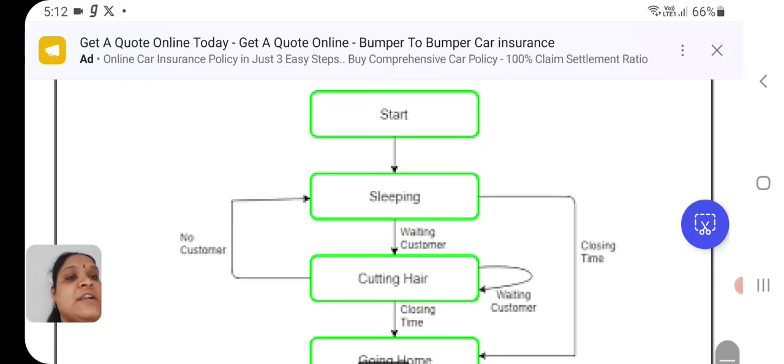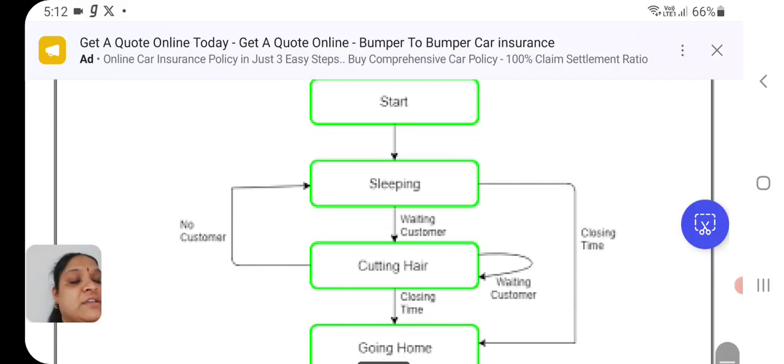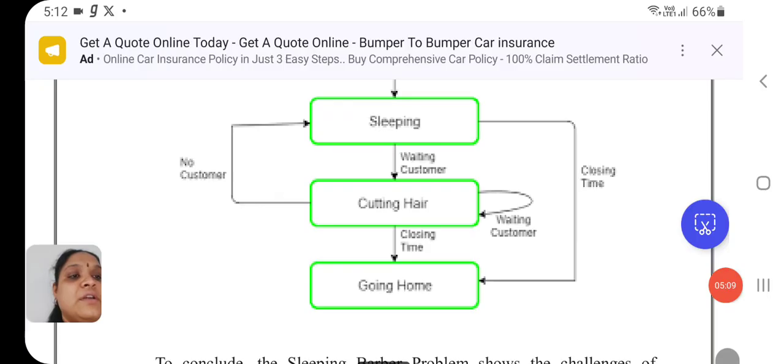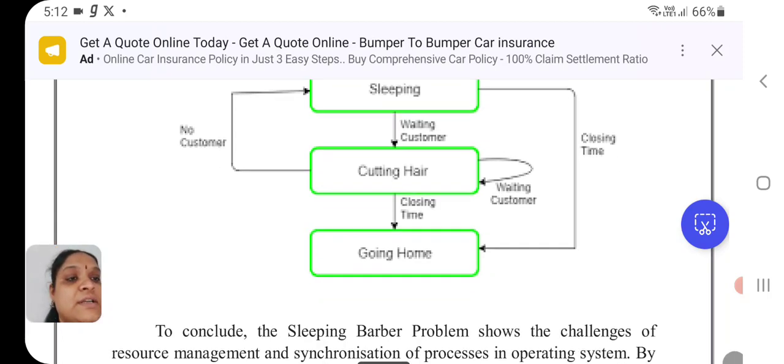So let me start here. This is the normal flow chart. If sleeping, it's closing time. And with a waiting customer, cutting hair, and closing time, he can go home. And after cutting hair, if there is no customer, he will just go back to sleep.